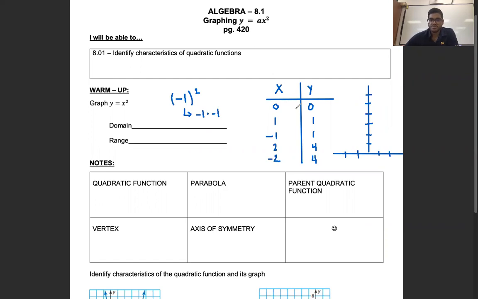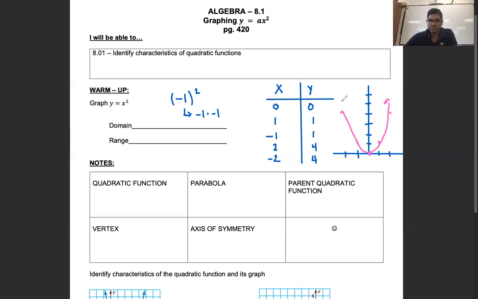All right, so 0, 0 goes here. It's different colors so you can see it a little bit better. Okay, and then we have 1, 1 and -1, 1. Then we have 2, 4. So 1, 2, 3, 4. And same thing on the other side. Okay, and if I connect these together, you get a graph that looks like this.